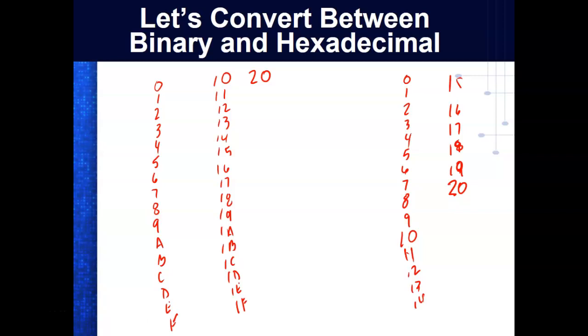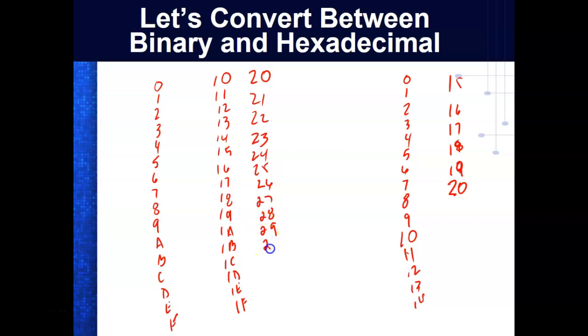This is what you got to learn, that 10 in any base is the base. So 10 is 16 in base 16. And you keep counting until I get up to what here? Until I get to F. Yeah, so I'd go 21, 22, 23, 24, 25, 26, 27, 28, 29.